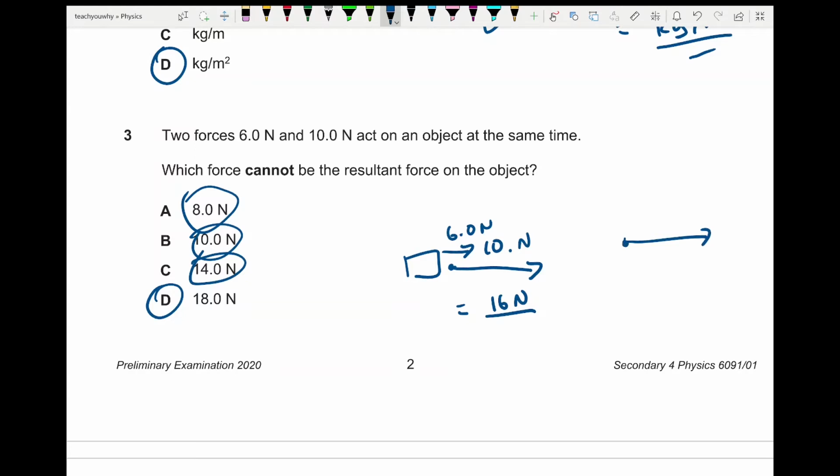For example, if I want 14, I can point this 10 here, and then have an angled force that is 6 Newton, and the resultant force will be this one. Likewise, you can do the same for the rest, and that's how you can get the 8, 10, and 14 Newtons. But in short, the answer is D.